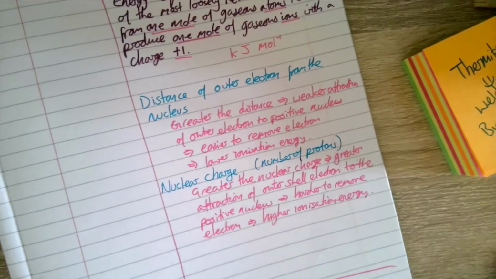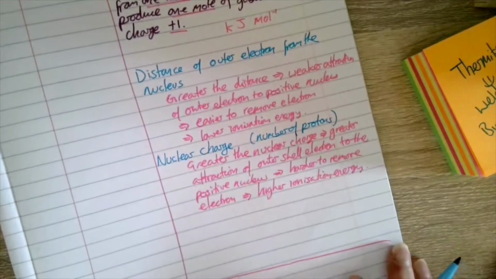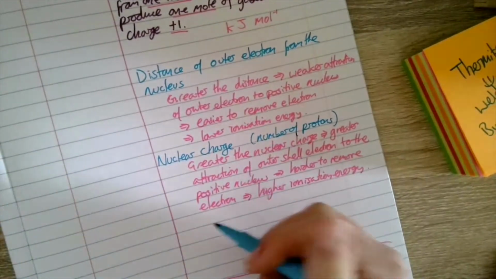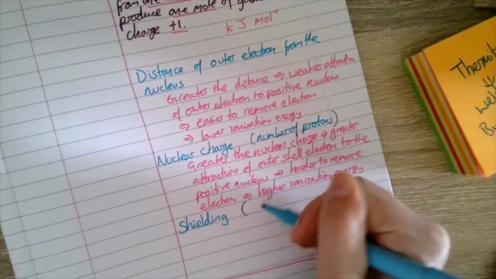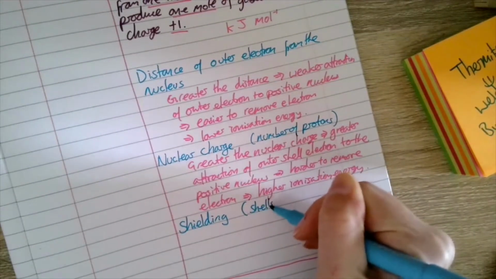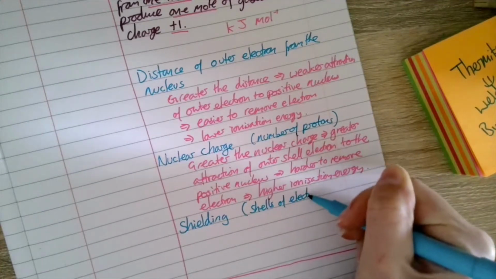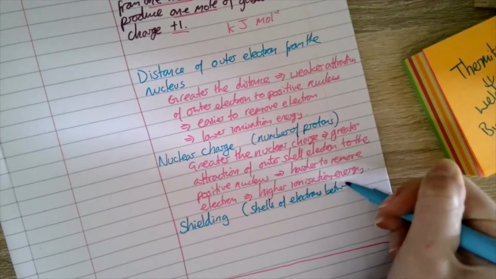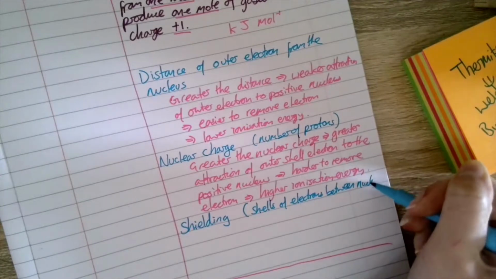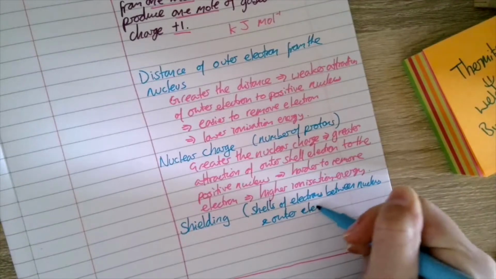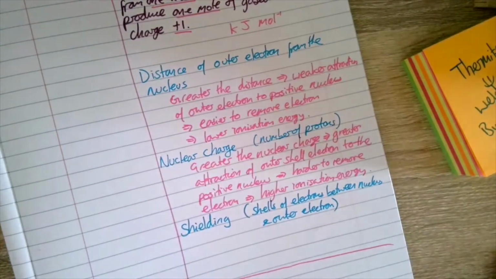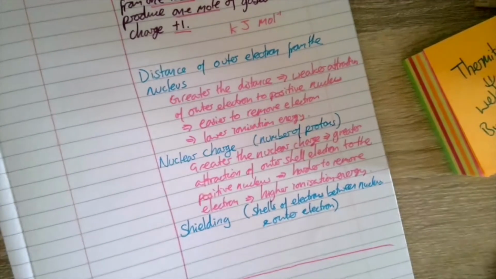And then the third factor which will affect our ionisation energy is shielding. So this is where there are shells of electrons between the nucleus and outer electron, which shields the effect of the positive nucleus, so then you have a weaker attraction.